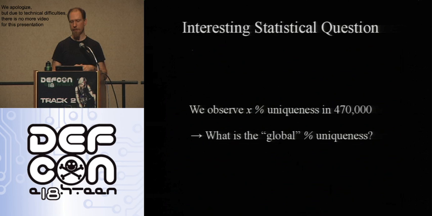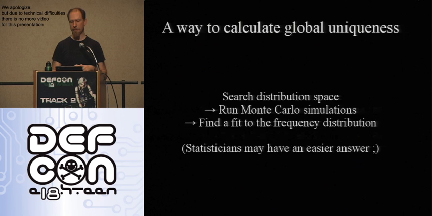There's an interesting statistical question that you might ask, which is, okay, sure, you saw 94% or 84% uniqueness in your data set, but that was only 500,000 people. Would people be less unique if we could get data for the whole 1 to 2 billion people who use the web? This is an interesting statistical question. I have a theory about how to solve it involving Monte Carlo simulations.